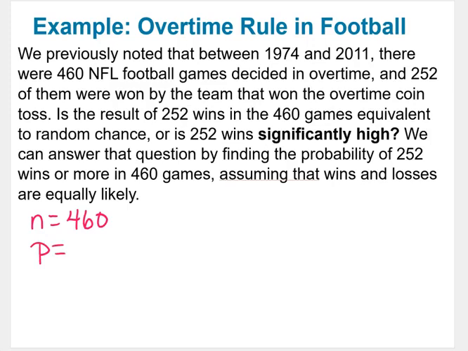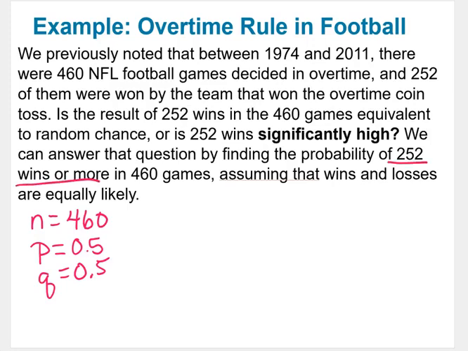Right now we're going to assume that the probabilities are the same for winning or losing. If we find that is wrong, then that's okay. And we are looking for the probability of 252 wins or more.